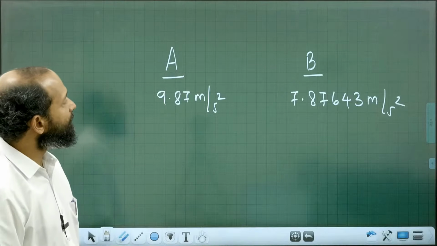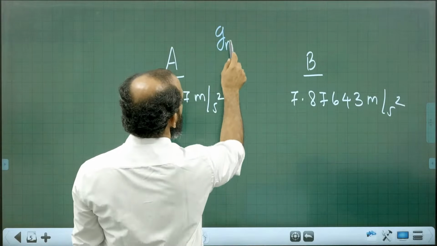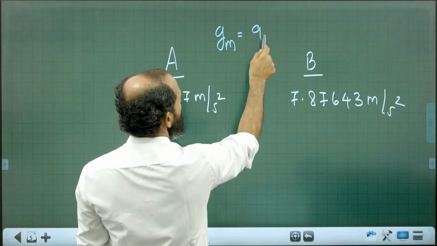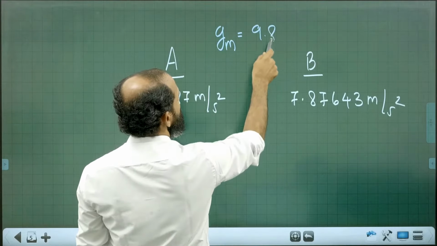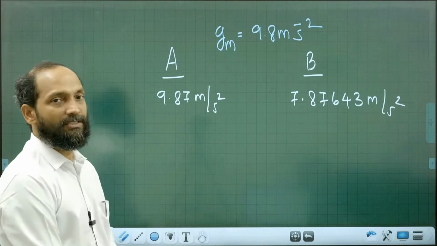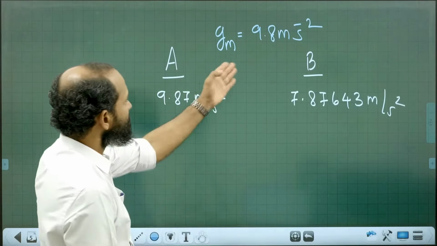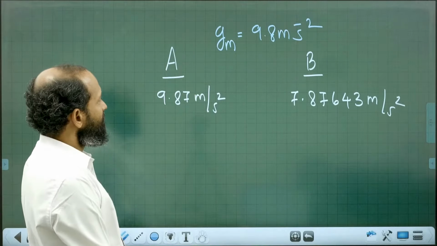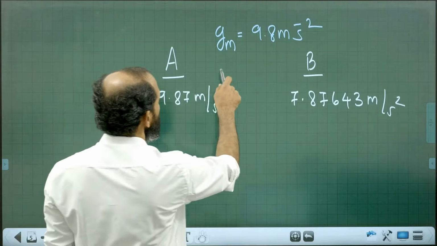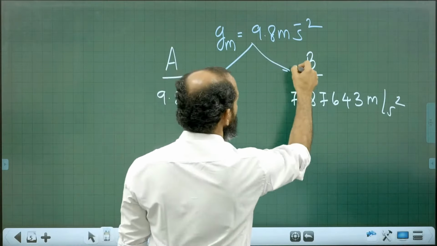The mean value of g on the earth's surface, 9.8 meter per second square, is given. That is taken as the true value. The arithmetic mean is taken as the true value. Let us compare the measurements noted by A as well as B.